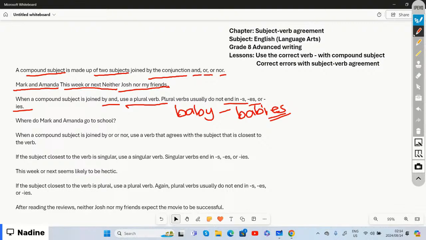And if we look at an example, it says, where do Mark and Amanda go to school?